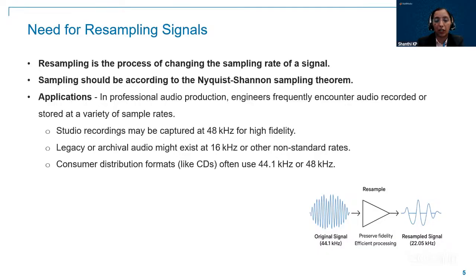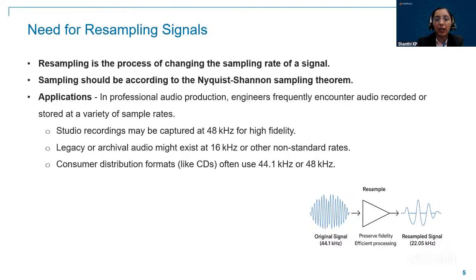A higher rate like 48 kHz captures more detail and is common in professional studio recordings. But legacy archives might exist at much lower rates, let's say 16 kHz. This limits the captured frequency components, but was sufficient for older storage and transmission systems.